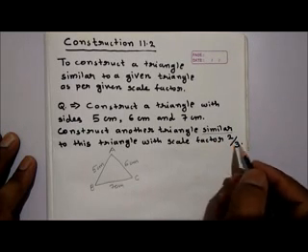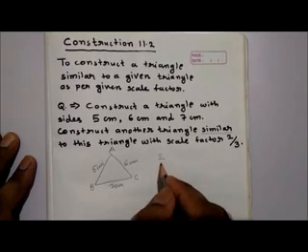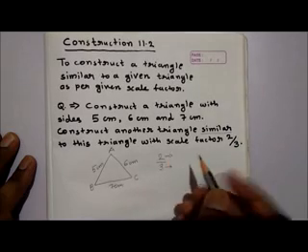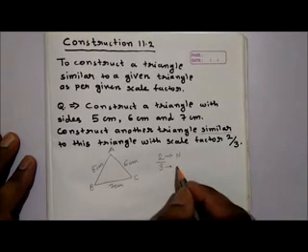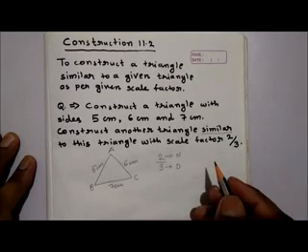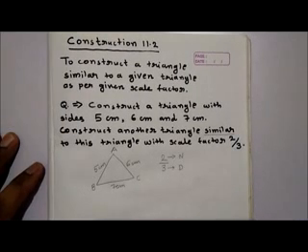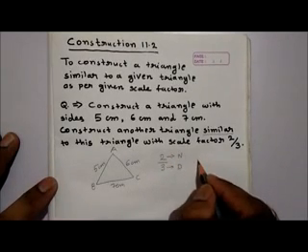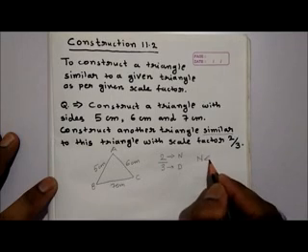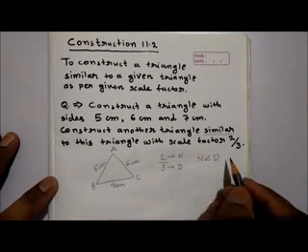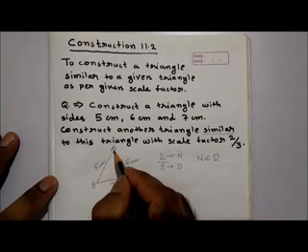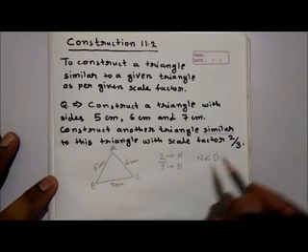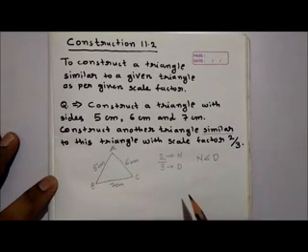So the scale factor given is 2/3. Here the numerator is 2 and the denominator is 3. Whenever the numerator is less than the denominator, our original triangle is bigger than the new triangle, as in this case.